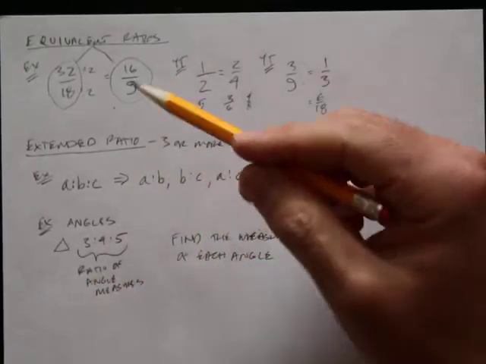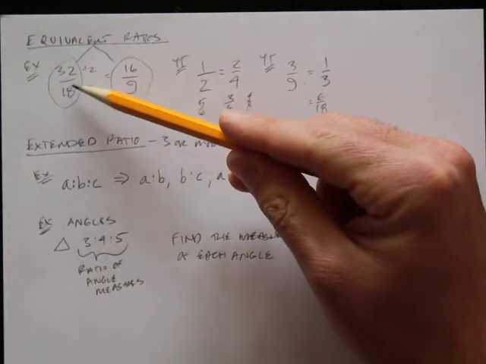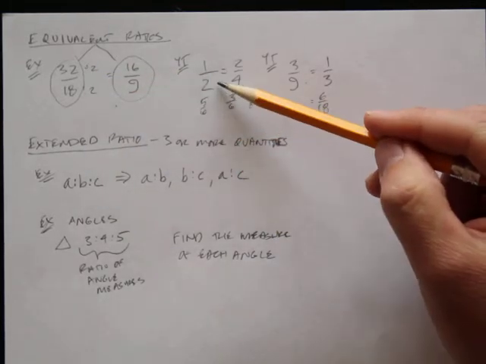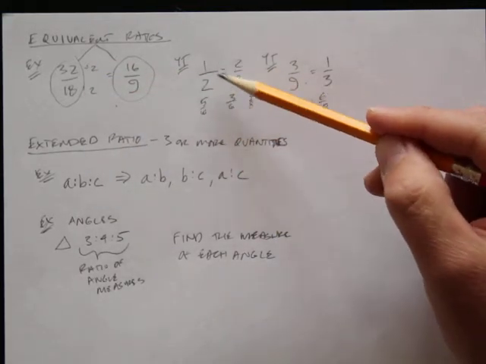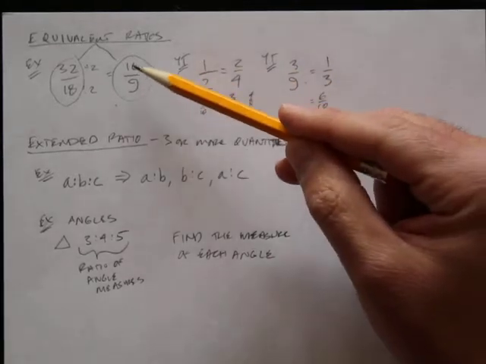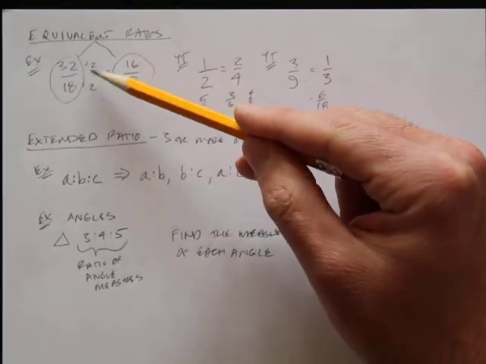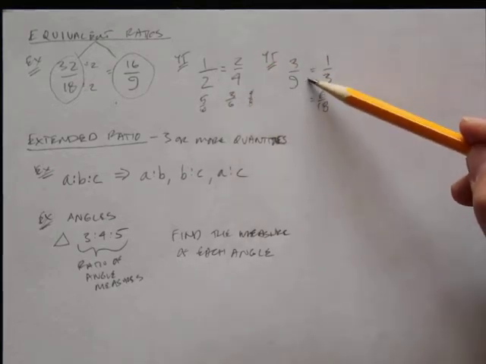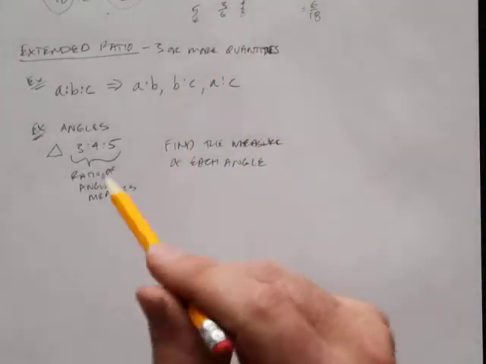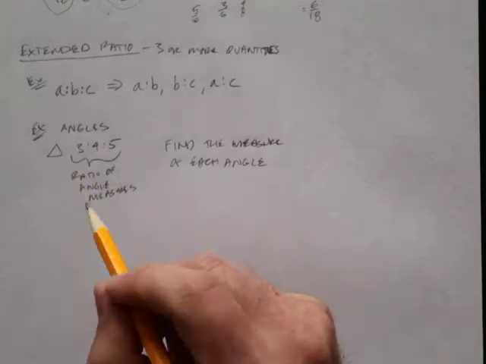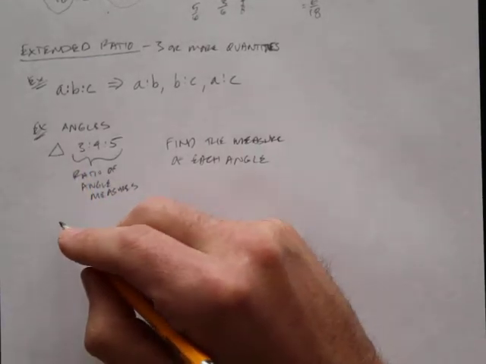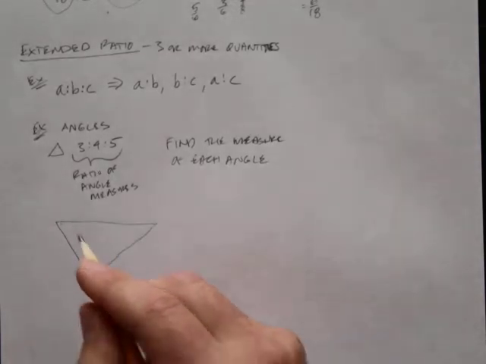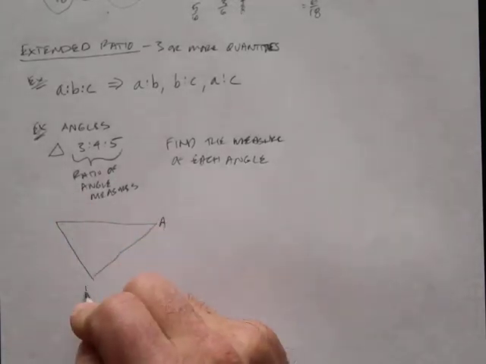So if we look up here and we look at these ratios, we notice that we multiplied or divided the same number by each part of each ratio. So this is both divided by 2, these are both multiplied by 2, these are both divided by 3. And so for this situation, we're going to have a triangle. And this triangle is ABC.